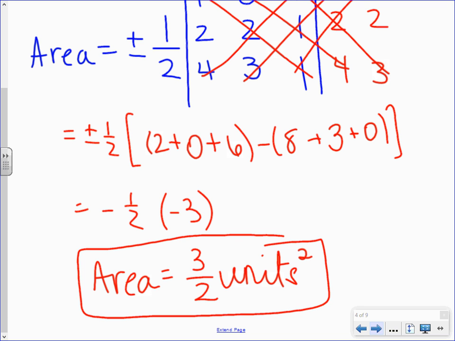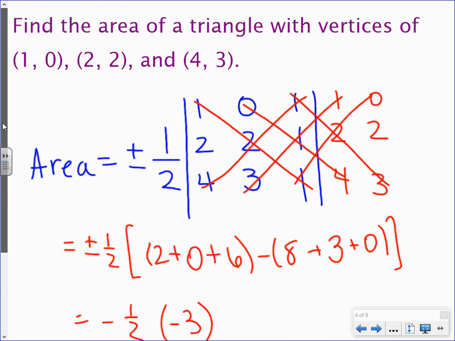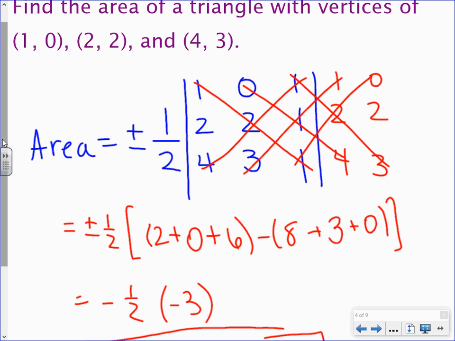Okay. I'll give you 30 seconds to talk about this question with your pod. What would it mean if we plugged XY coordinates into this area formula and it gave us 0? What would that mean?